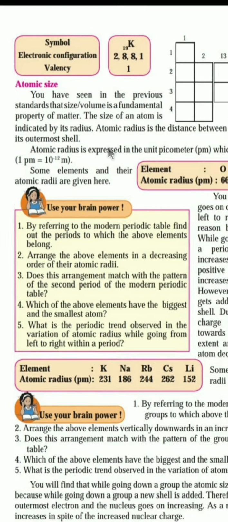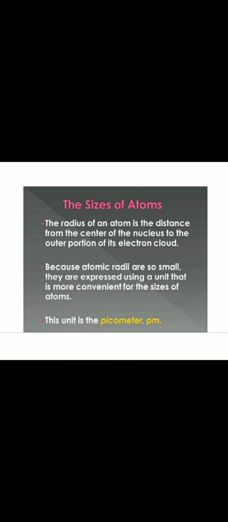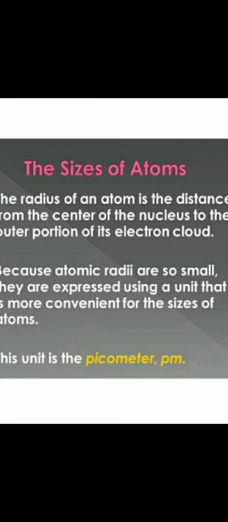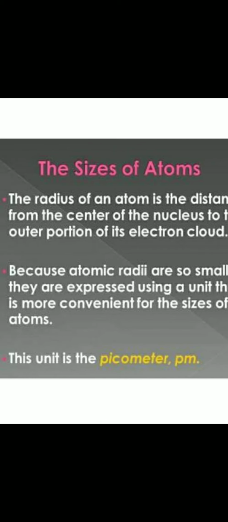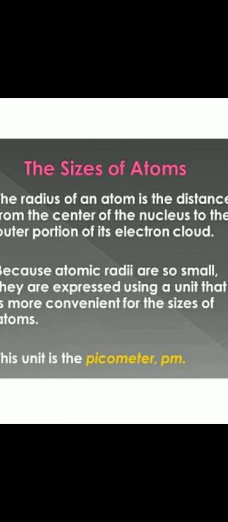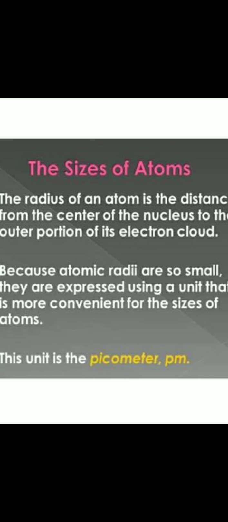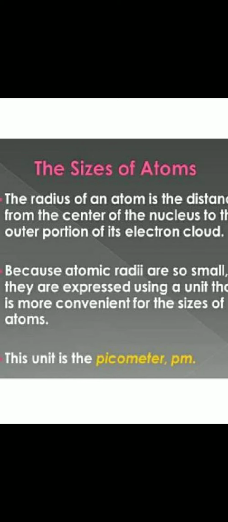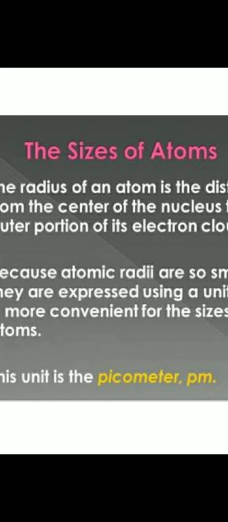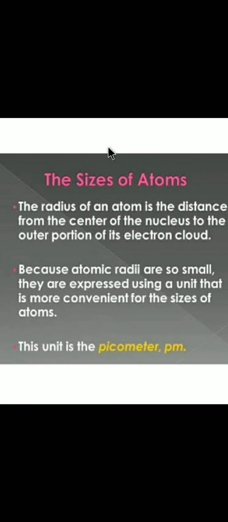The atomic radius of an atom is the distance from the center of the nucleus to the outer portion of its electron cloud. Because atomic radii are so small, they are expressed using a unit more convenient for the size of an atom.